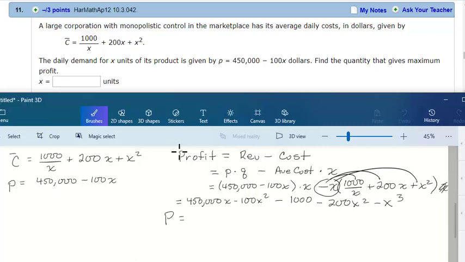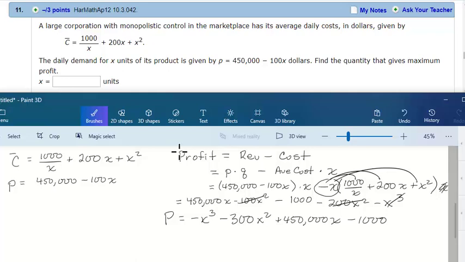We're almost there. Profit is negative x cubed minus 100x squared minus 200x squared, which is minus 300x squared, plus 450,000x minus 1,000.